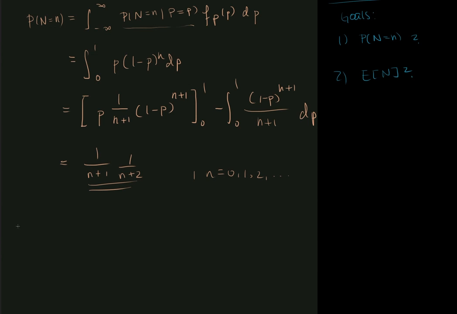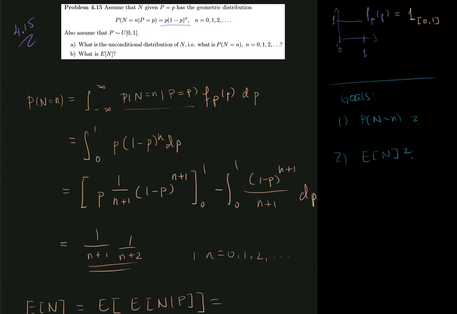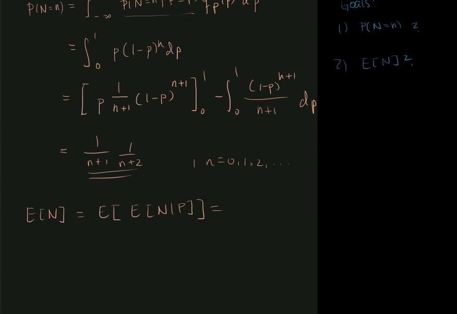Now we're interested in finding the mean value of N. So what is the mean value of N? Just for fun, let's try to use the iterated expectation here. So we take the mean value of the mean value of N given P, because we actually know from an exercise in chapter 2 that a geometric distribution with parameter p has the mean value 1 minus p divided by p.